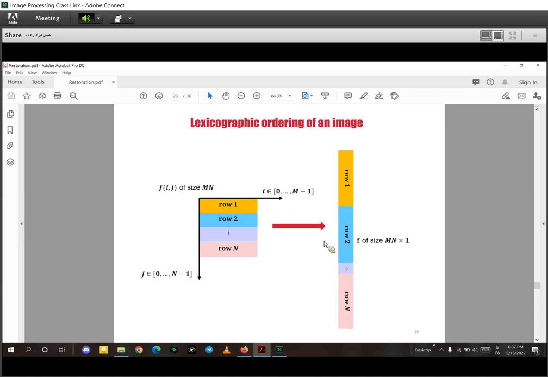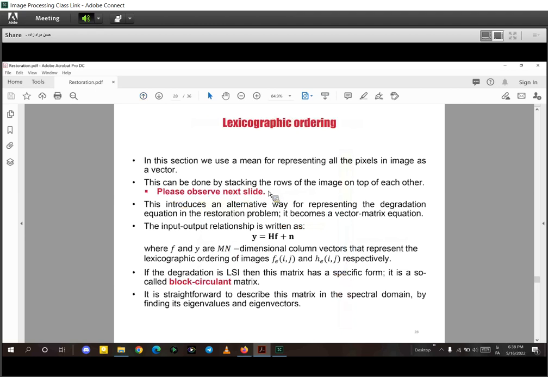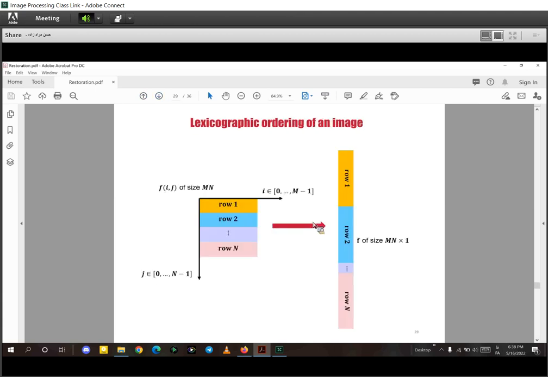This is row 1, row 2, row n, and the vector f is of size mn by 1. This can be done by stacking the rows of the image on top of each other.